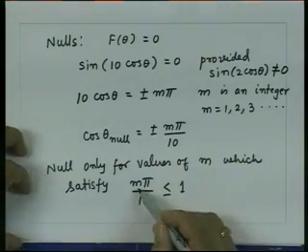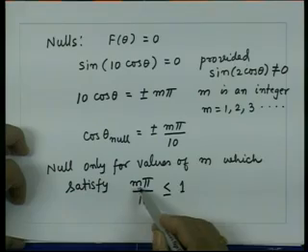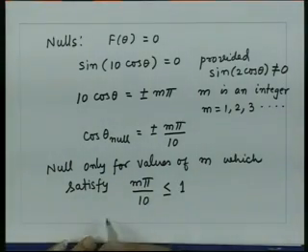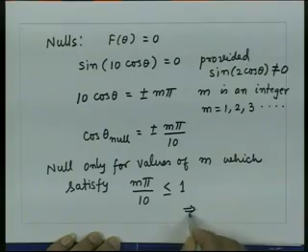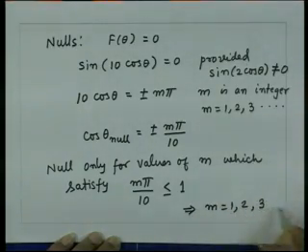That means m can go only 1, 2, 3. If m becomes 4, then this quantity is greater than 1. So essentially the possible values of m are m equal to 1, 2 and 3.